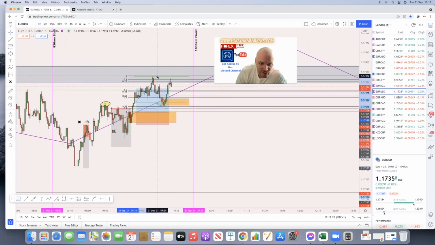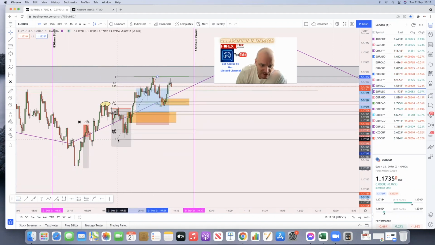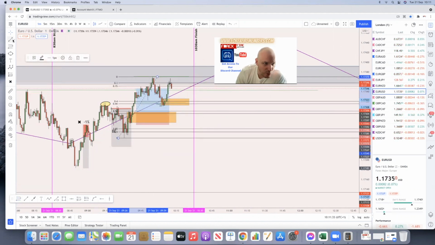However, if you move to that high point there and move it down to this, because this gets the wand out, this push in itself is an impulse move, breaking structure of this previous high. So you've got a high high, high high, high high.